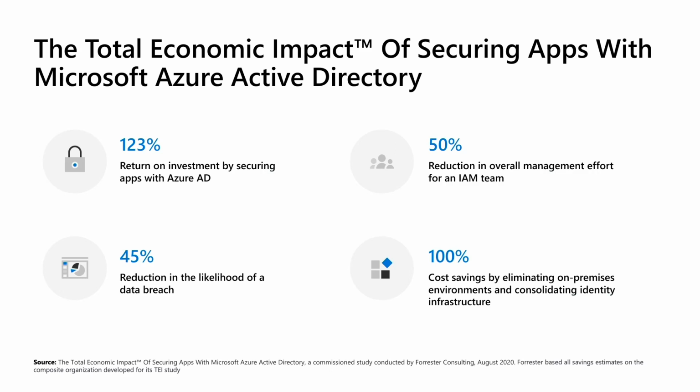A 50% reduction in management effort by the identity and access management team. A 45% reduction in the risk of a security breach. And depending on how far you're able to go, up to 100% decrease in the cost of managing an on-prem footprint. So let's talk in detail about these 4 areas.